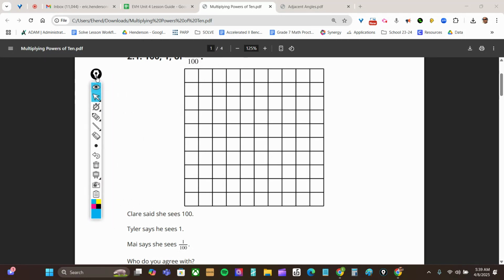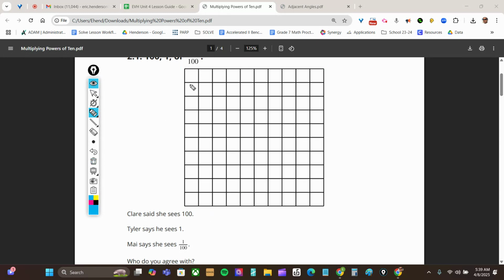If you're looking at the whole entire grid as one complete unit, you could see it as 1. If you're looking at each individual box here, you could see it as 100.